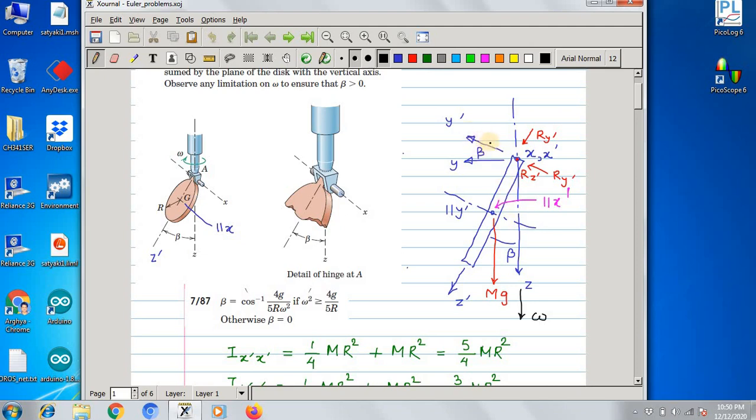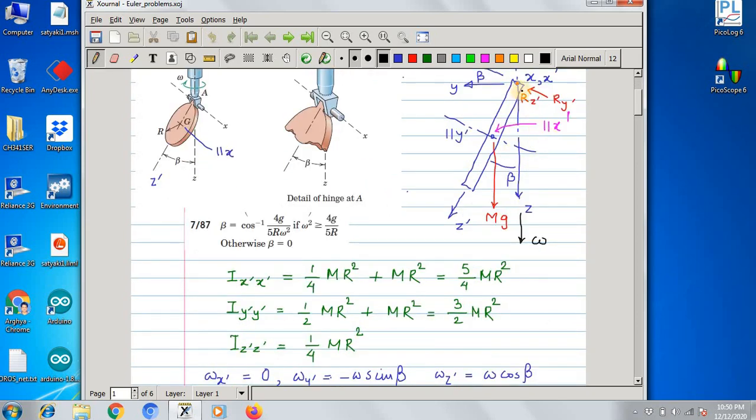So we have to apply Euler's equation about this fixed point, because this is rotating about this fixed point. Even if this rotates and this rotates, this point is fixed. So this is rotation about a fixed point. So Ix dashed x dashed is Ixx plus mass into r square.